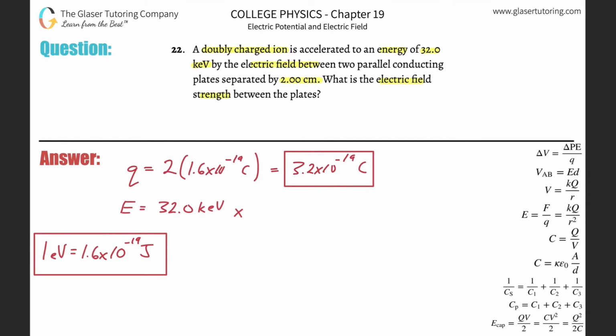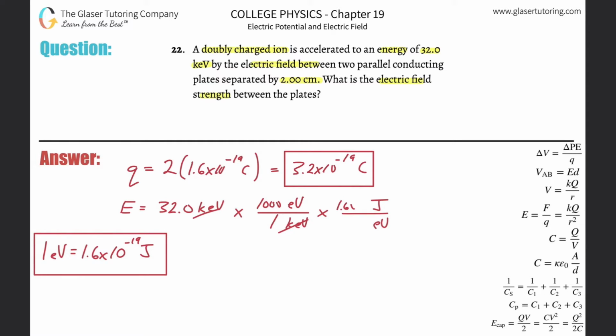So what I'm going to do here is first realize that I have kilo electron volts. So I'm going to put kilo electron volts on the bottom, electron volts on the top. There will be 1,000 electron volts for every 1 kilo electron volt. So that goes bye-bye. And now I can convert out of the electron volts by going from electron volt to joule.